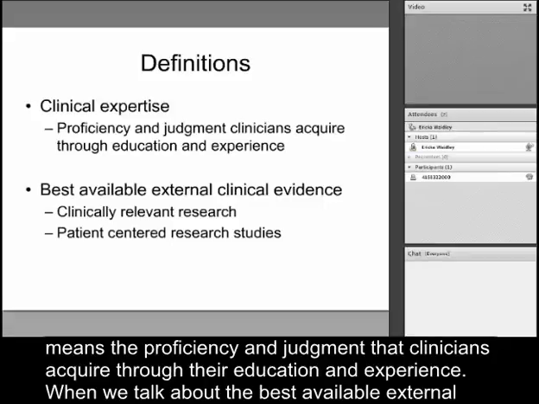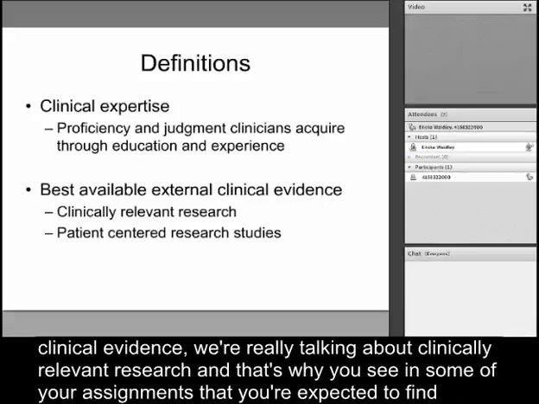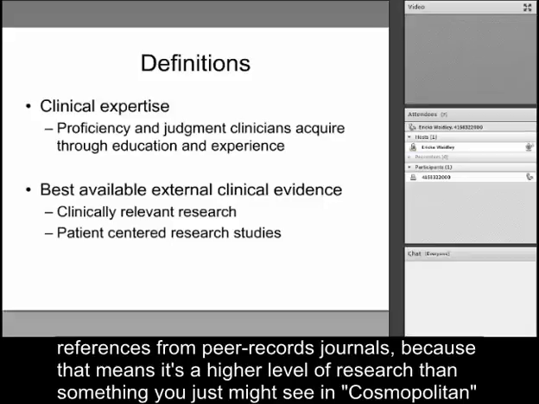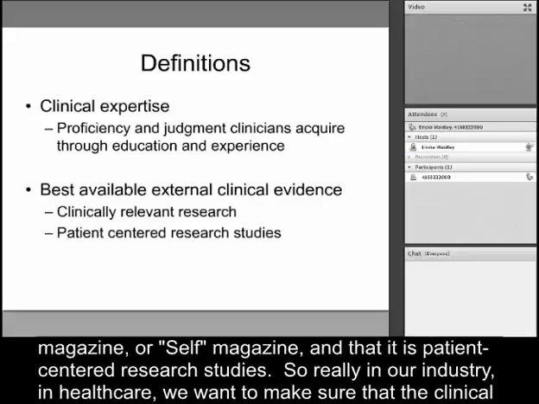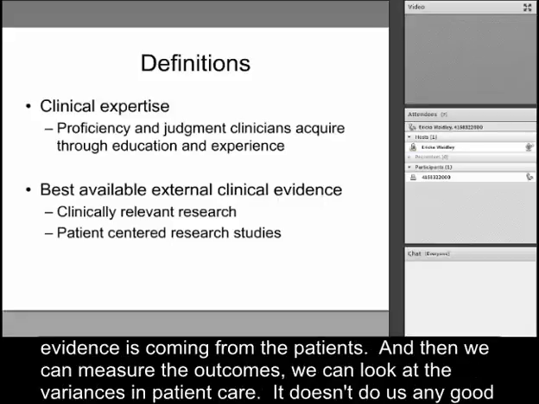When we talk about the best available external clinical evidence, we're really talking about clinically relevant research, and that's why you see in some of your assignments that you're expected to find references from peer-reviewed journals, because that's a higher level of research than just something that you might see in Cosmopolitan magazine or Self magazine, and that it's patient-centered research studies. So really in our industry in healthcare, we want to make sure that the clinical evidence is coming from the patients, so that we can measure the outcomes and look at the variances in patient care.